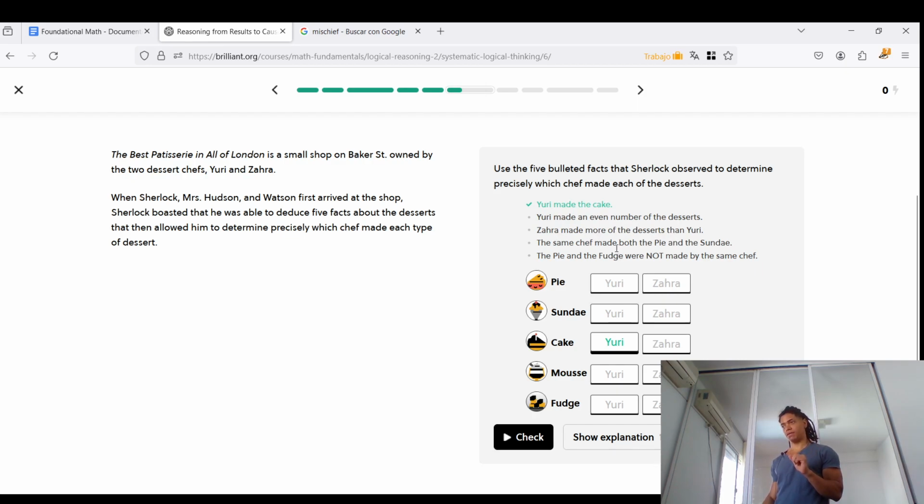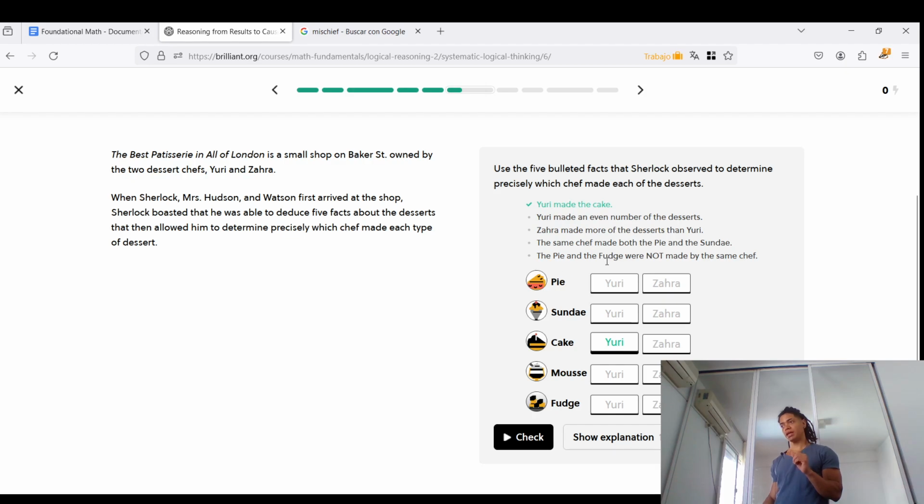The same chef made both the pie and the sundae. Okay, there is one chef that did the pie and the sundae. The pie and the fudge were not made by the same chef.